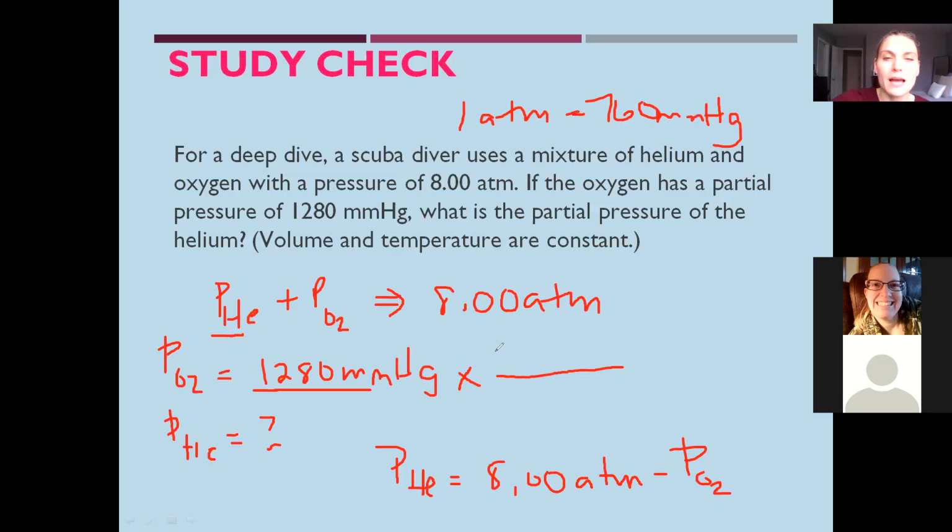So which one's going to go on the top and which one's going to go on the bottom when we go to piece this together? What are we trying to get to? Do we want millimeters of mercury on the bottom or do we want millimeters of mercury on the top?